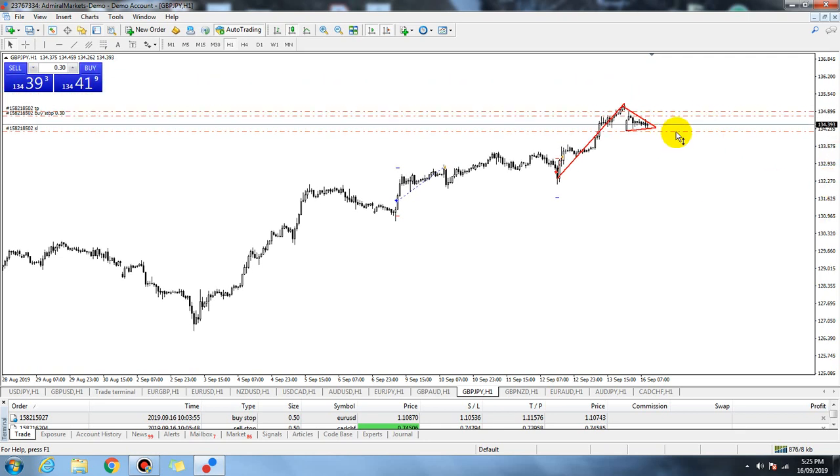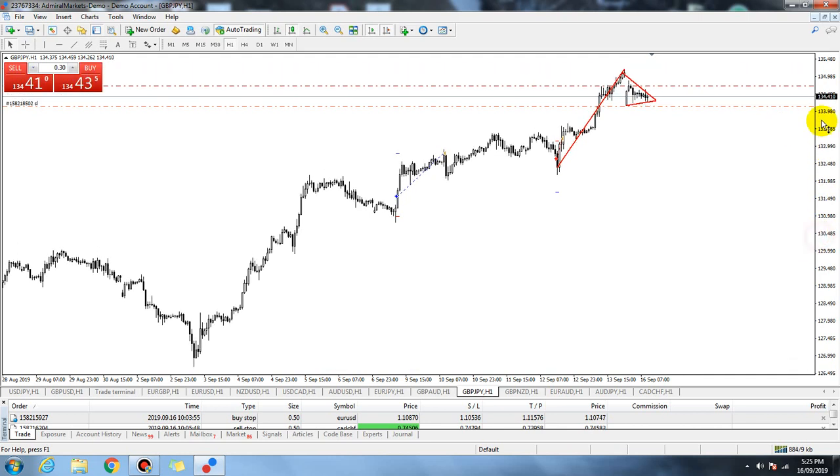It's 2%, and that's how many pips? 57. So we go for around 114 to the upside. 100 pips will do it. Possibly get that today if that breaks out and gets really strong.